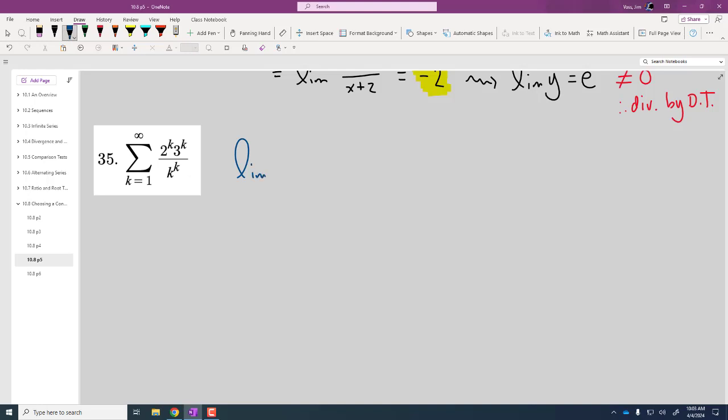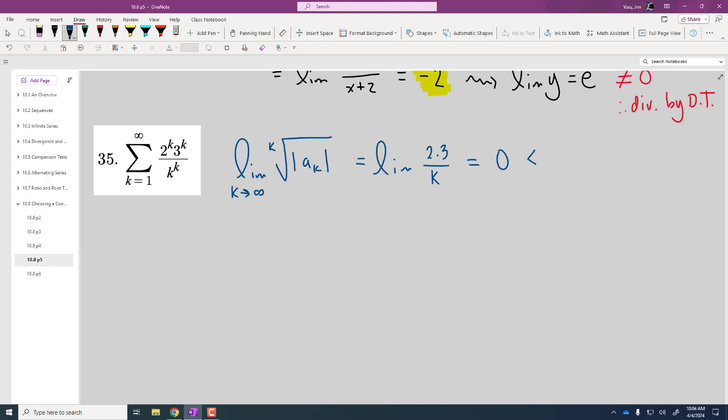So if we take the limit kth root, absolute value, a sub k, as k goes to infinity, I think we can probably take the kth root of all that in our head. So we end up with 2 times 3 over k. So this limit as k goes to infinity is 0, which is less than 1.